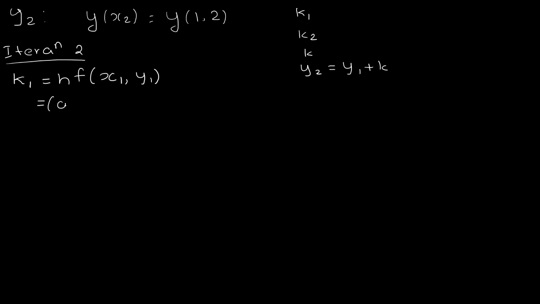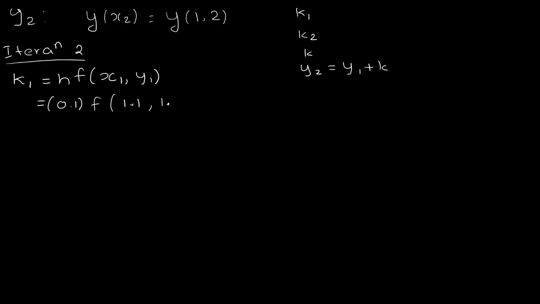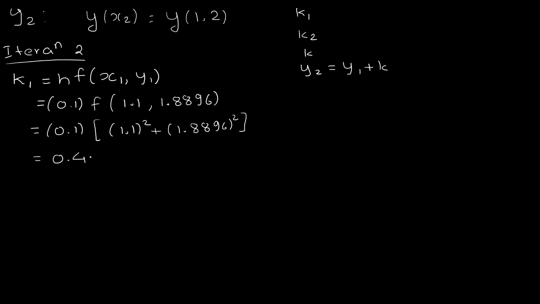So now the h value I know is 0.1, the x1 value I know is 1.1, and the y1 value I just now calculated, that is 1.8896. So it will be 0.1 into 1.1 the whole square plus 1.8896 the whole square. And if you calculate this, it comes to 0.47802. This becomes my k1 value.